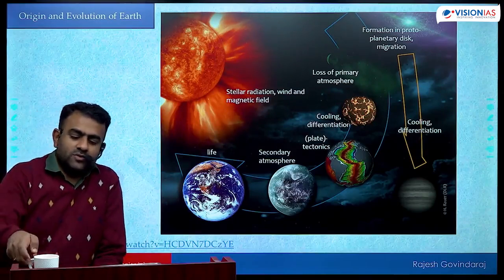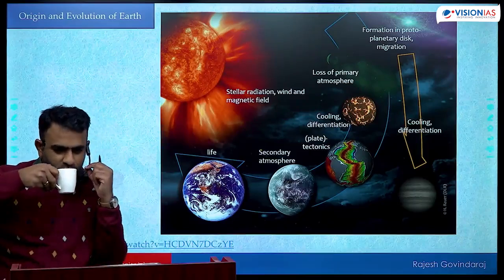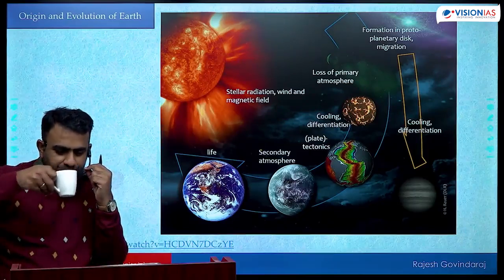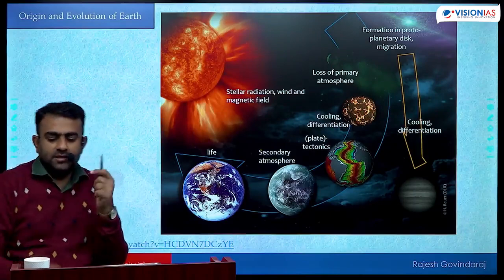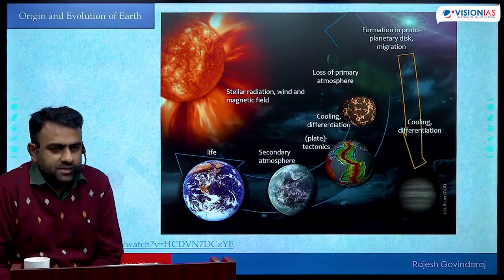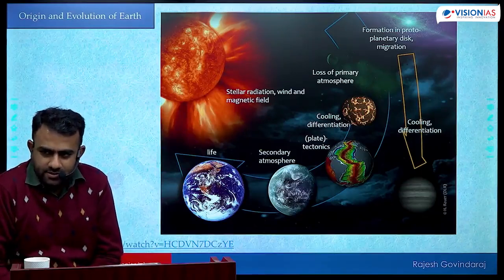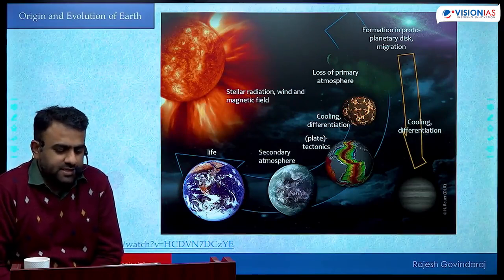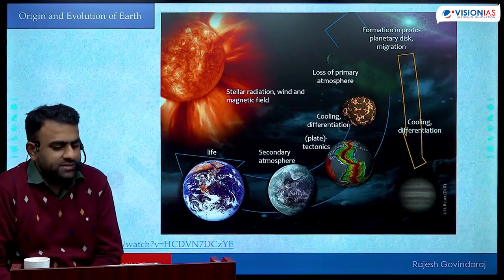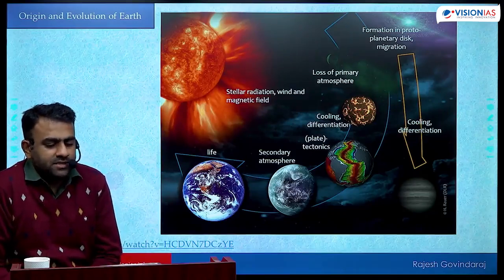When did the solar system originate? As per the latest numbers, it is 4,560 million years ago. This is the latest number. That is the age of Earth.